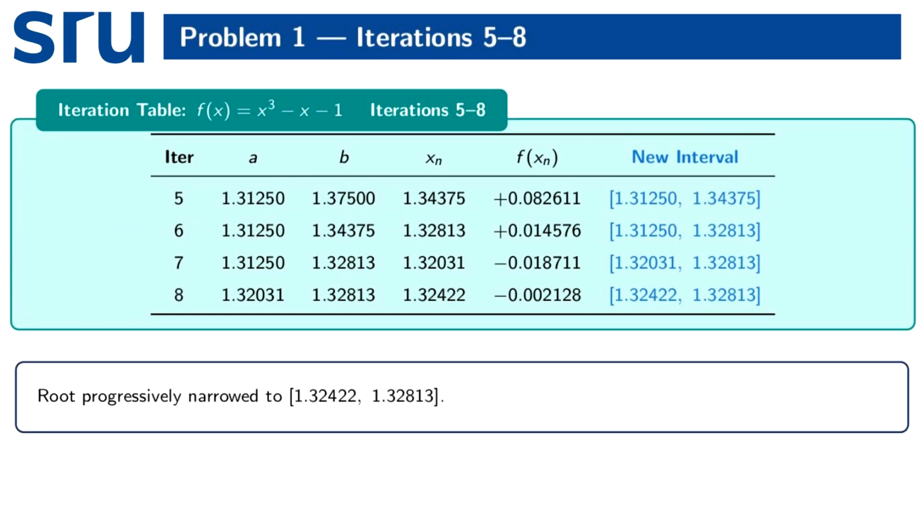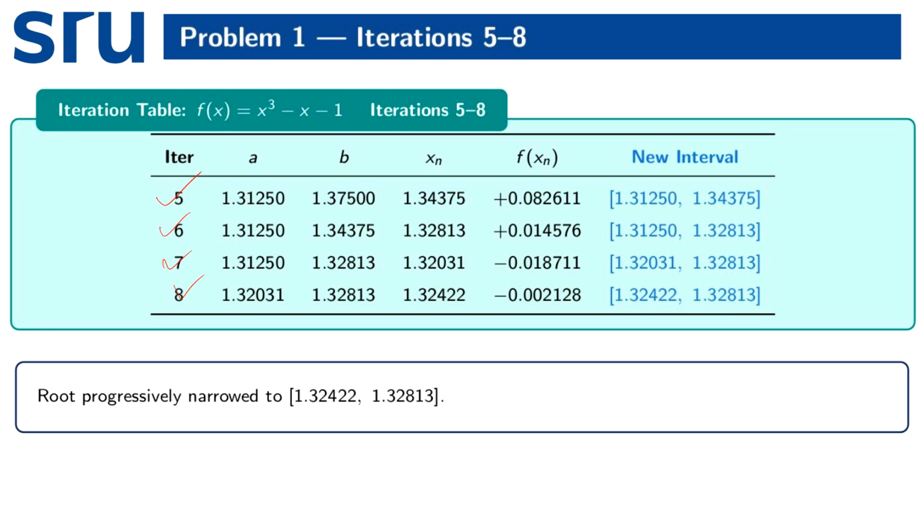So I have calculated 4 more iterations for the same problem, in which iteration number 5, 6, 7, and 8. So here you observe that we are progressively getting near to the root. Okay, in the previous slide we had root in some particular interval.